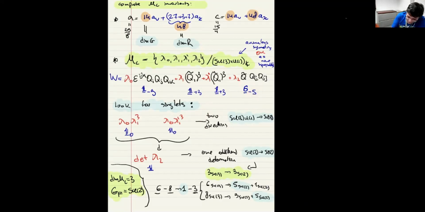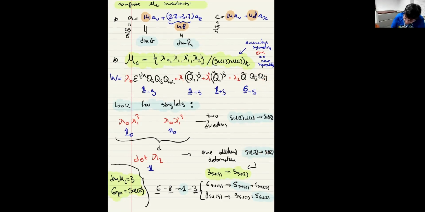We only need to find some combination which is a singlet under SU(3), and such a combination can be found when you think of this as a usual symmetric matrix of SU(3). The determinant will be such an invariant of SU(3). Now, the question will be, if you turn on this deformation, what is the symmetry which is preserved? Actually, when you turn on such a coupling, you don't break SU(3) completely, you break it down to SU(2).